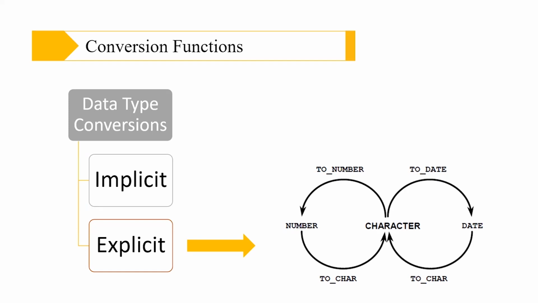So when you want to change anything to a character, number or date, you can call toChar. Obviously you don't want to change a number to a date, that cannot be possible, so hence it's not shown. Now, if you want the character to be transformed to a number, you need to use the function toNumber. And if you want to change it to a date, you need to use the function toDate. So these are the basic functions that we have for conversions.